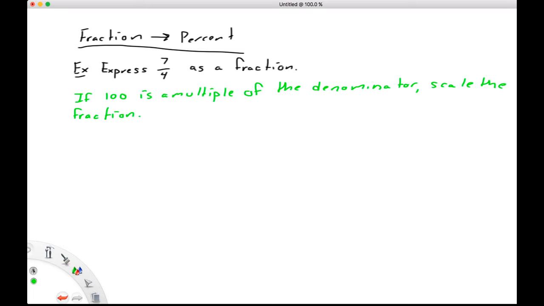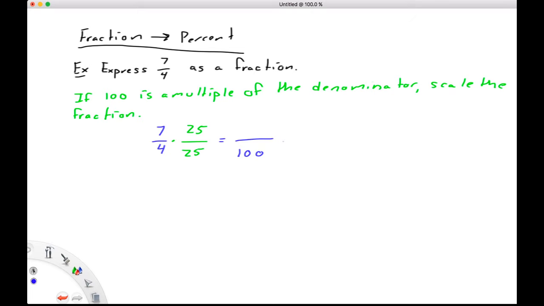In other words, we can take 7/4 and multiply it by 25/25, because 4 times 25 is equal to 100. And this will give us something per 100, something as a percent.